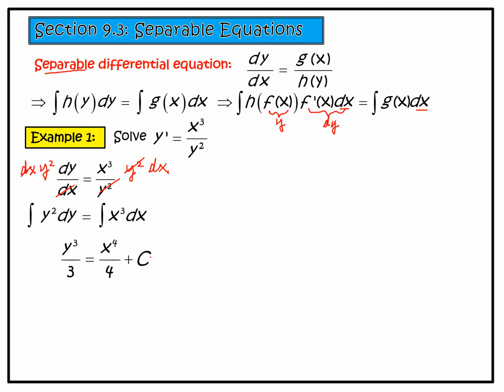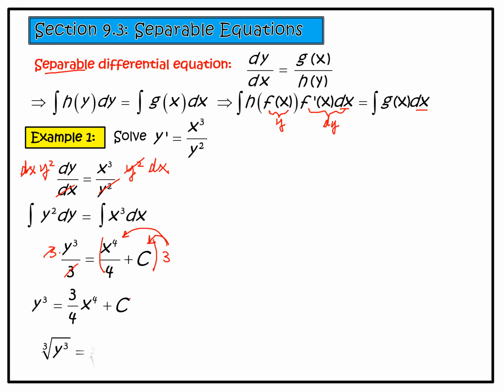So now we want to solve for y, so let's multiply both sides by 3. So 3 comes in times x to the fourth over 4, and 3 times the arbitrary constant. And then these cancel on the left-hand side. So y cubed is going to be 3/4 x to the fourth, and 3 times arbitrary is still arbitrary, so we just call that plus c.